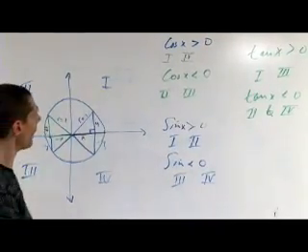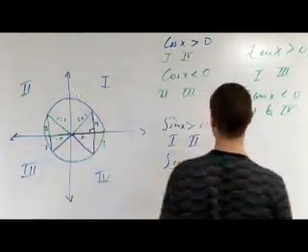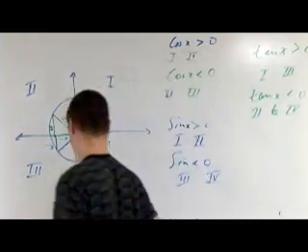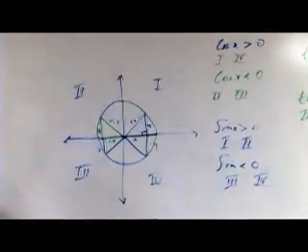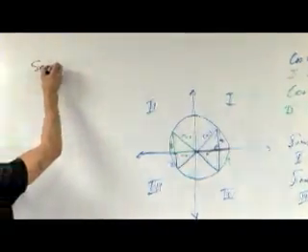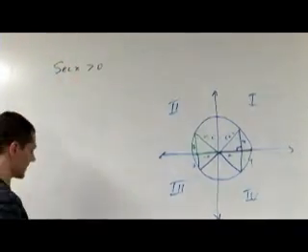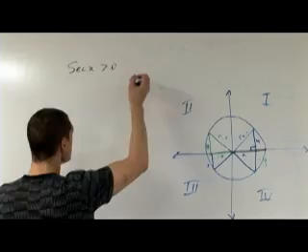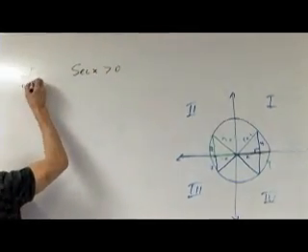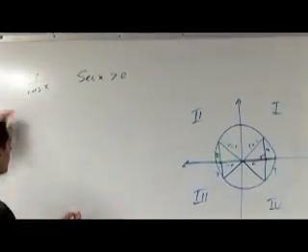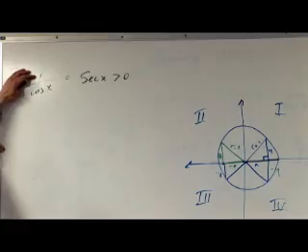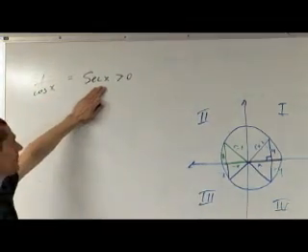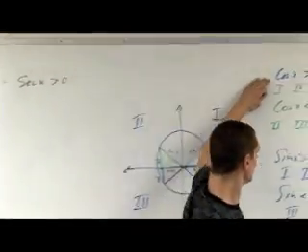Similarly, what about secant? Where is secant x greater than 0? Well, we already have everything we need because secant x is just 1 over cosine x. Clearly, 1 isn't going to affect it. This is going to be greater than 0 where cosine is greater than 0.